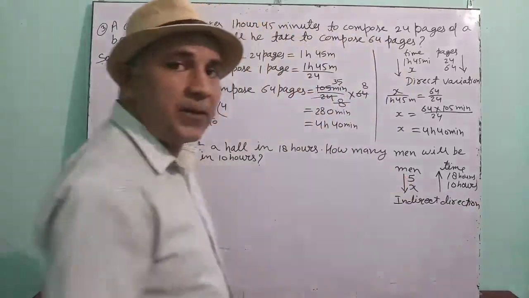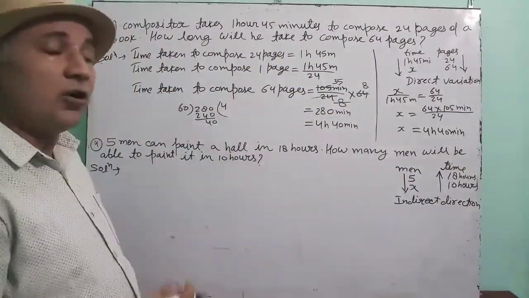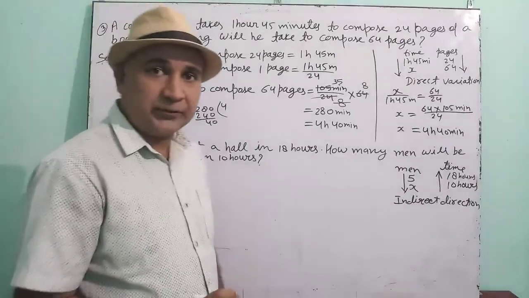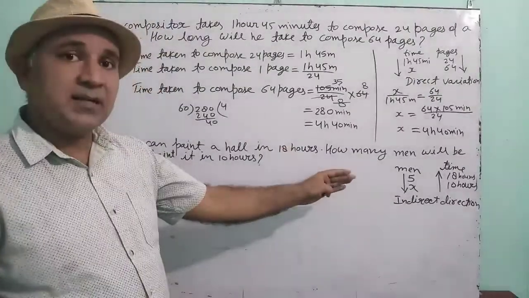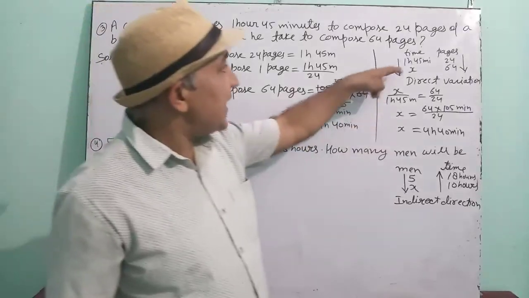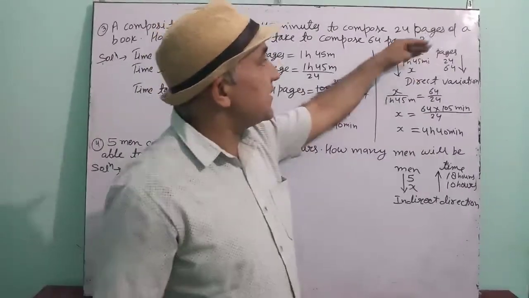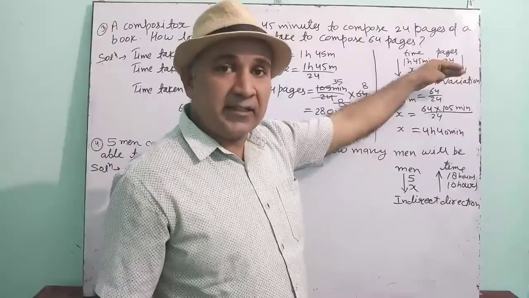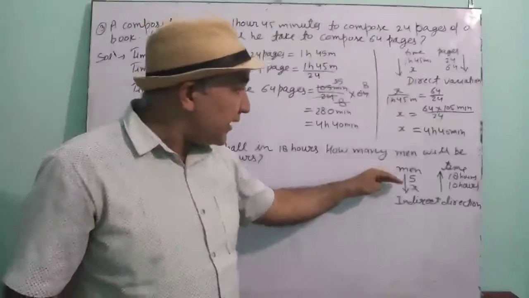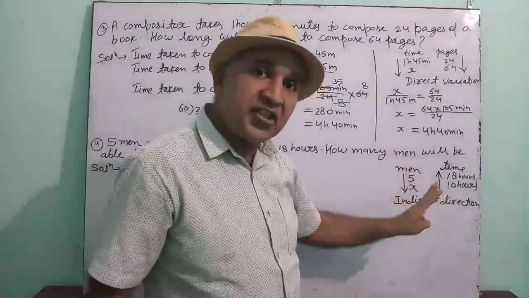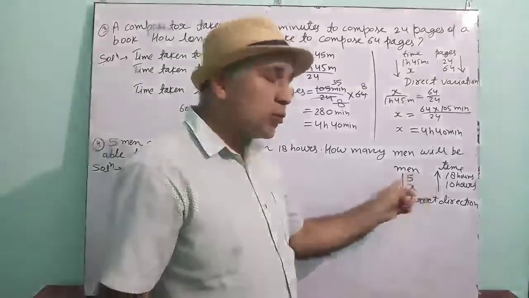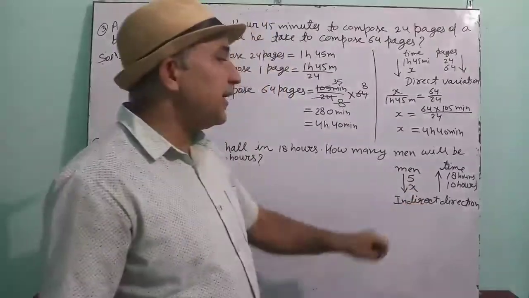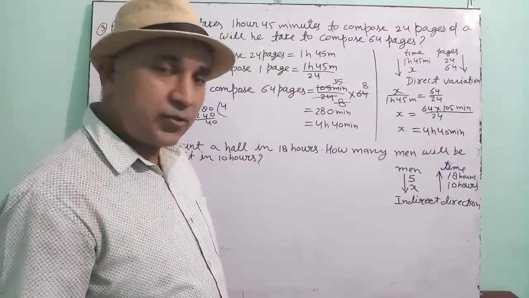Now this is a new type of question. Before that, all the questions were direct variation. But now the question is coming for indirect. In direct variation, if one quantity is increasing, then the second is also increasing. But here, if one is increasing, then the second is decreasing. So there is an opposite relation. That is why it is called indirect variation. Understood?